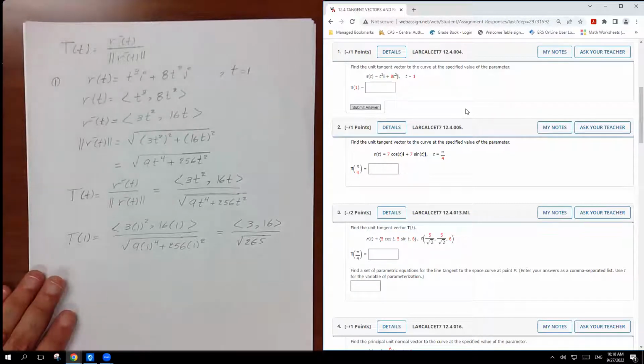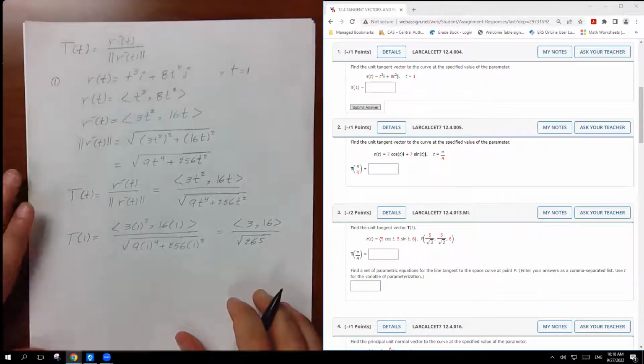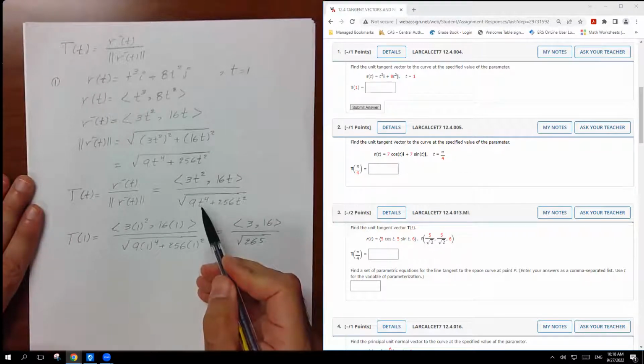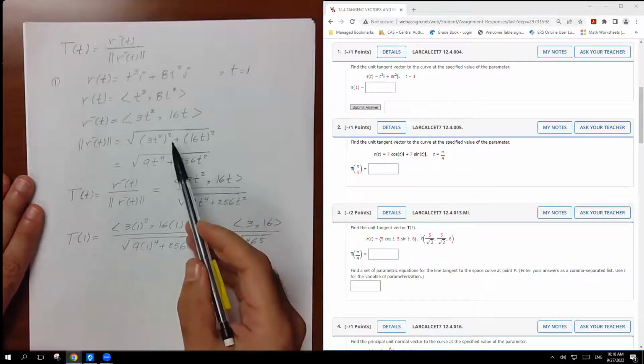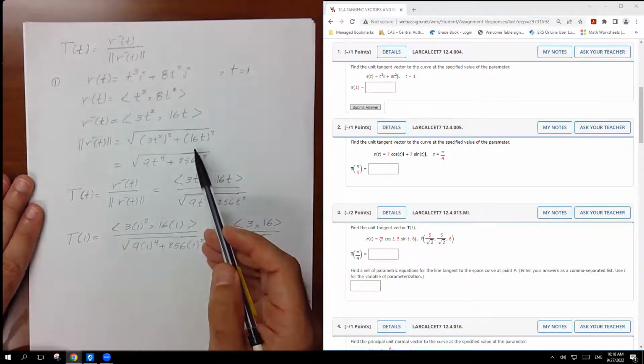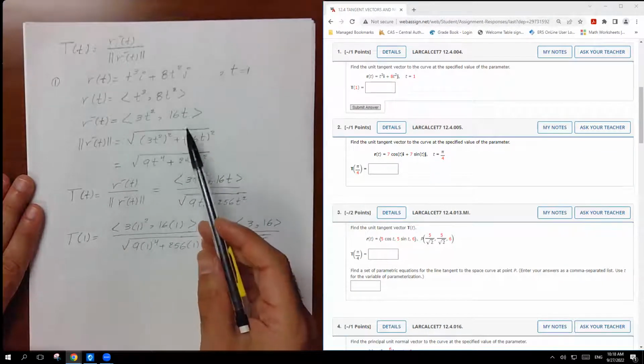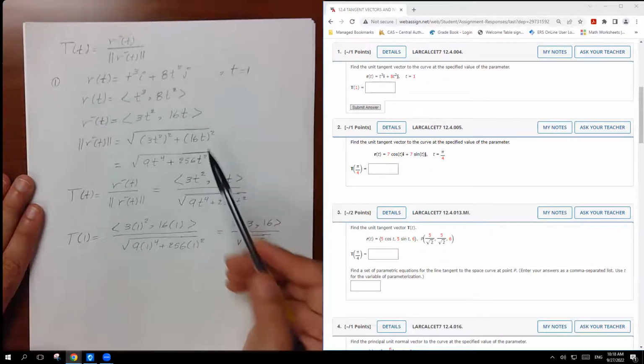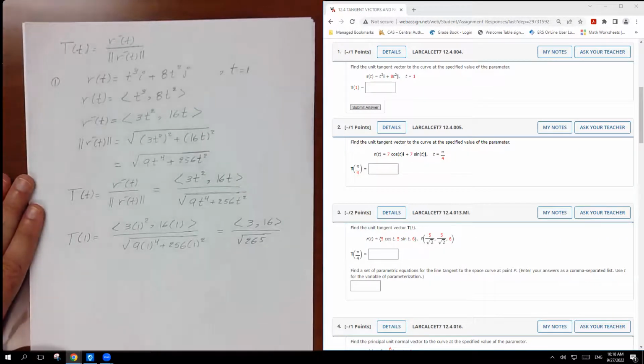We have to find the root. I think I did something wrong. This is 9, and this is 16t, then squared, so 16 times 16 is 256, and you're going to add the 9. Okay, that's right.